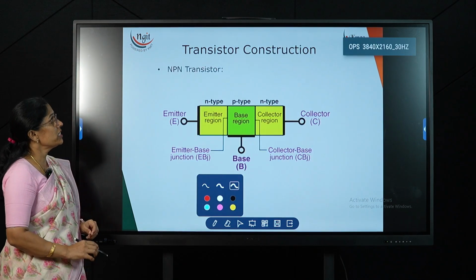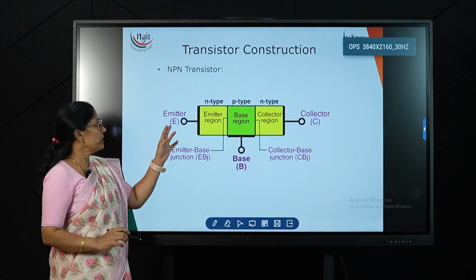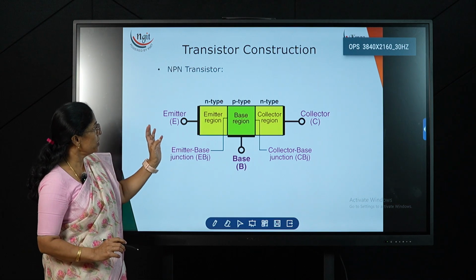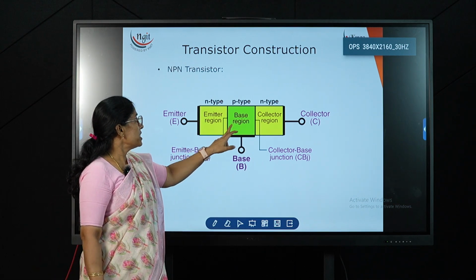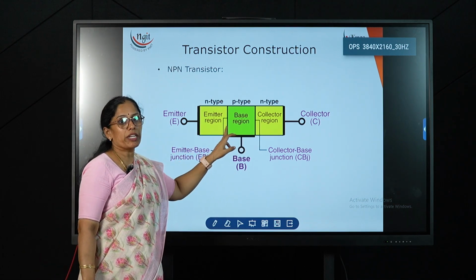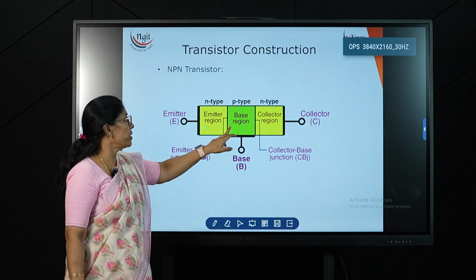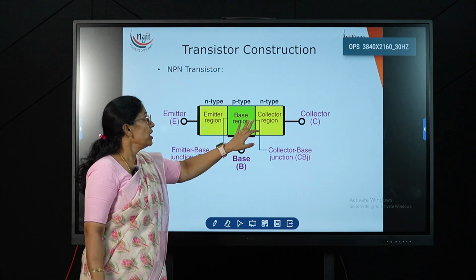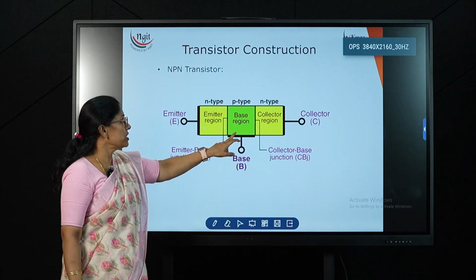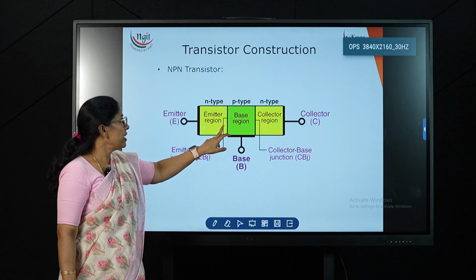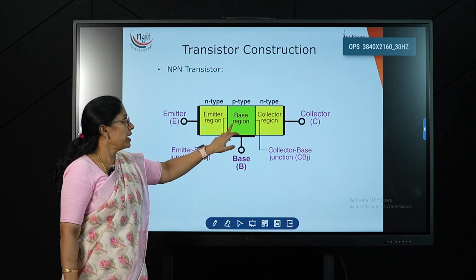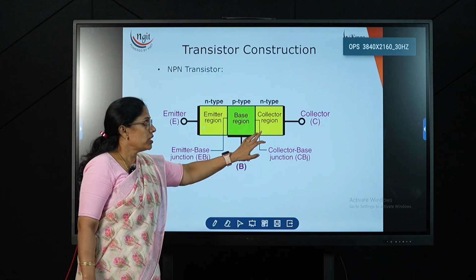Now transistor construction. Here this is the NPN transistor. A P material sandwiched by two N materials is called the NPN. Here you can see the emitter region, base region and collector region. The base is a very thin layer, the emitter is moderate, and the collector is large in size.